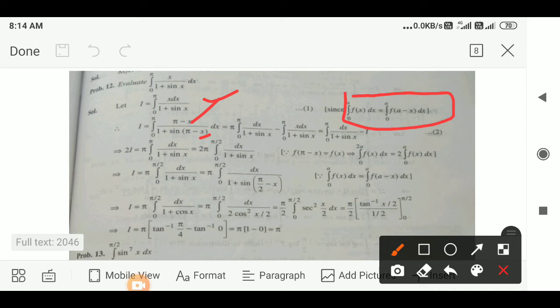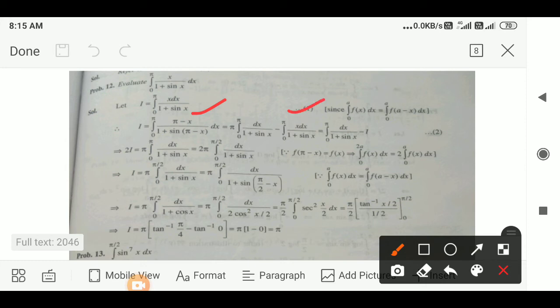So we separate these all, taking pi common, we get pi times integral 0 to pi of dx upon 1 plus sin x, minus x upon 1 plus sin x dx.